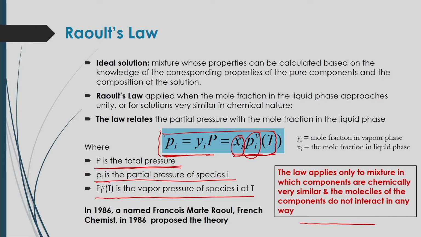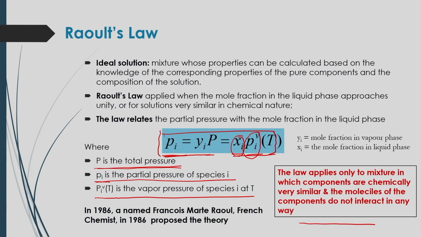So, based on this criteria, Raoult's law will be applied. By this law we will be able to know the partial pressure at a particular temperature, once you know the mole fraction in the equilibrium condition of that component and also the system pressure. You can also calculate the vapor pressure if you know the partial pressure and the mole fraction in the liquid phase.